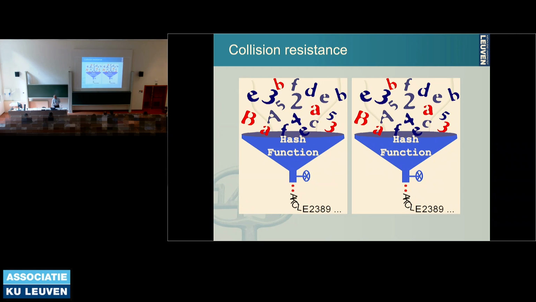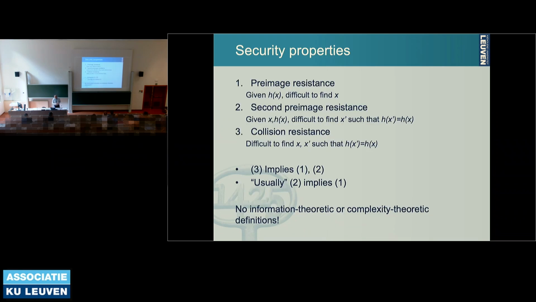Collision resistance then means you cannot easily find two inputs that go to the same output. And then there is a variant of that, which is here in the middle of the slide, what's called the second pre-image resistance. That means if you are given an input and the corresponding output, it is difficult to find a second input that goes to the same output. So it's a property similar to collision resistance, but different.